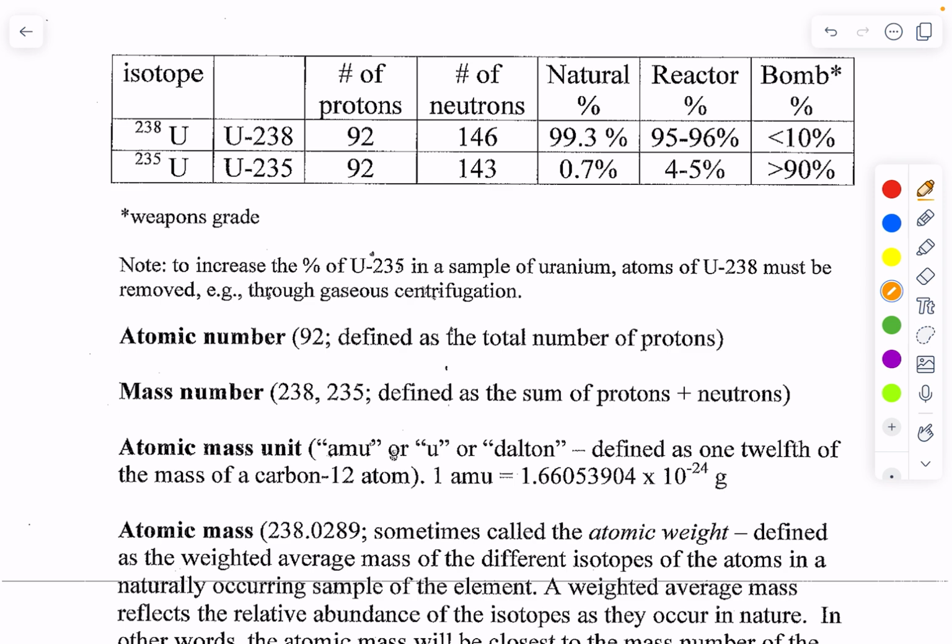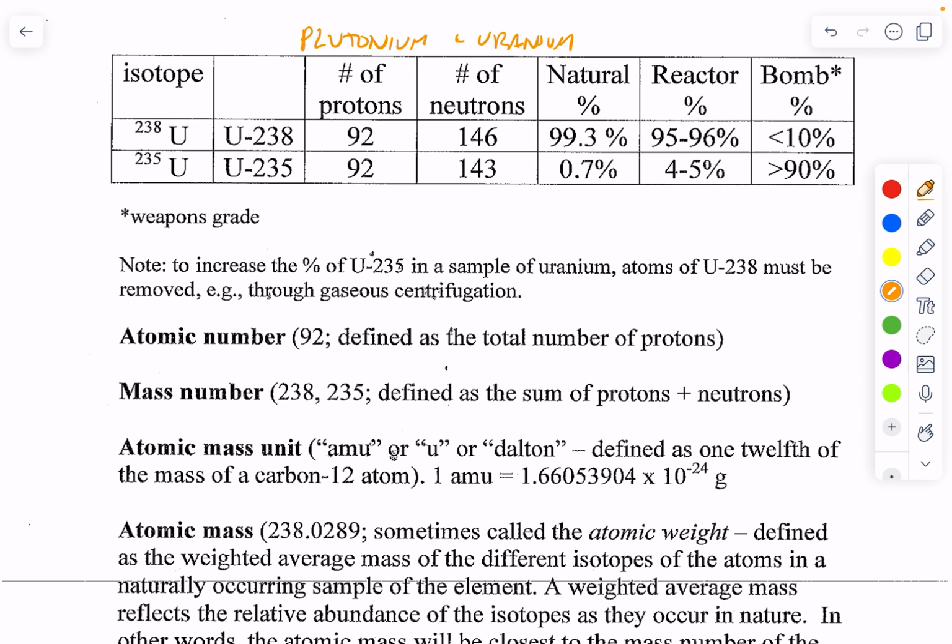nuclear atomic bombs. And there are 2 main elements that you can use to make a nuclear bomb, as well as to use as fuel in a nuclear reactor. And that's going to be plutonium and uranium.